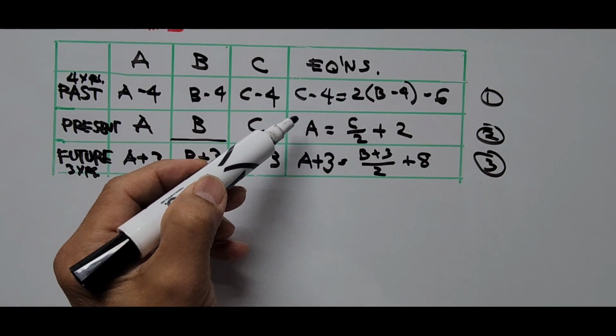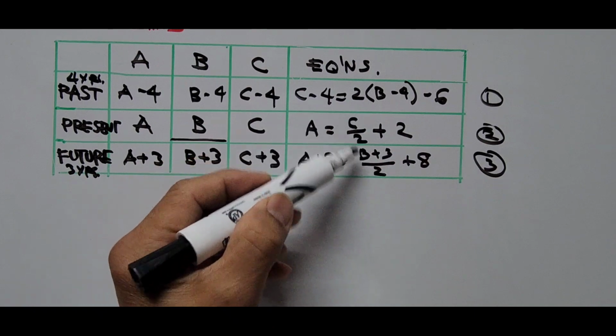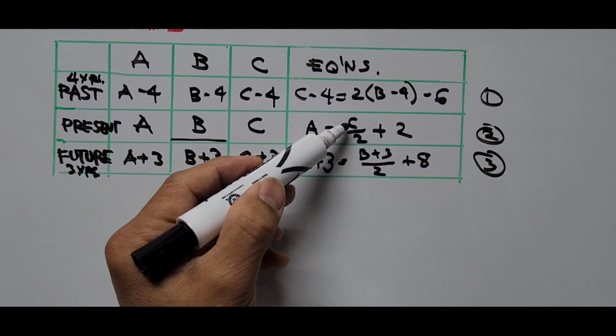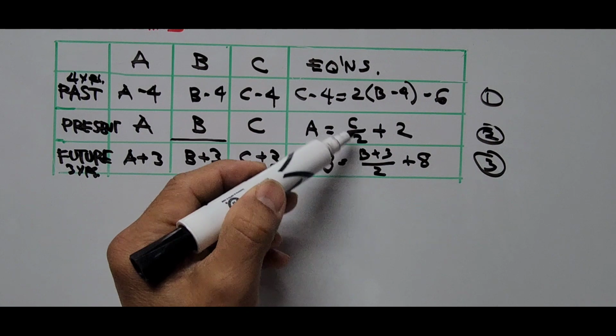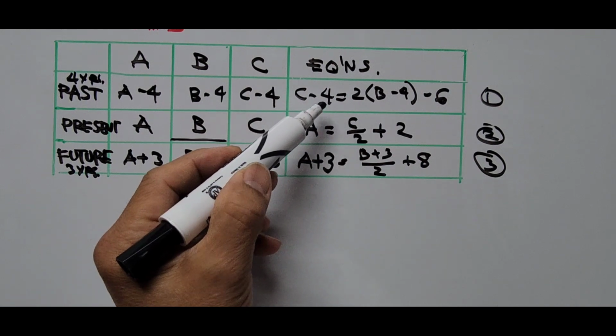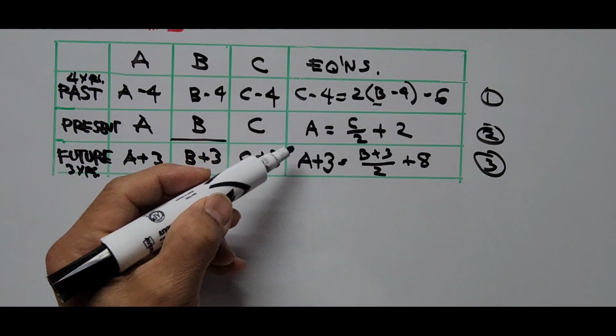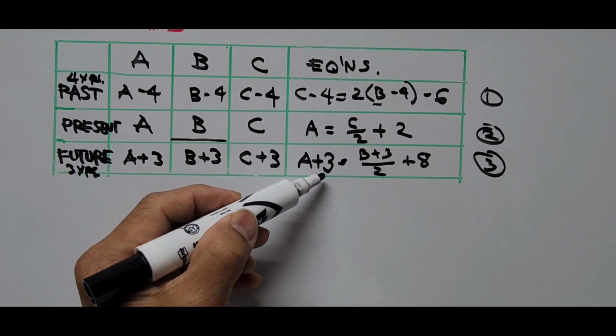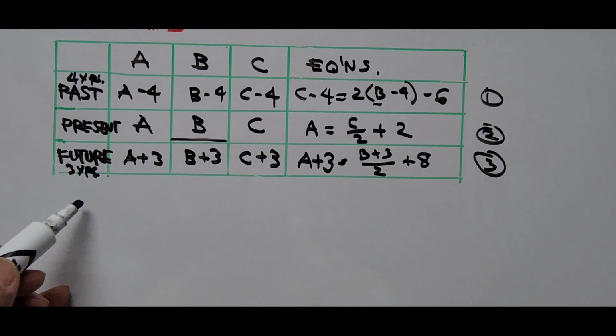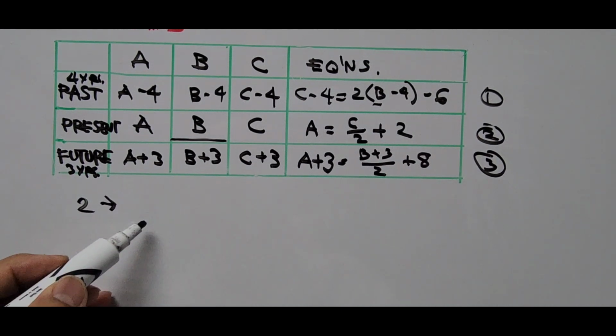So since from this equation we have C and B variable, we equate that into equation 1 to get the value of B. Right? So now we do equation 2 to equation 3.